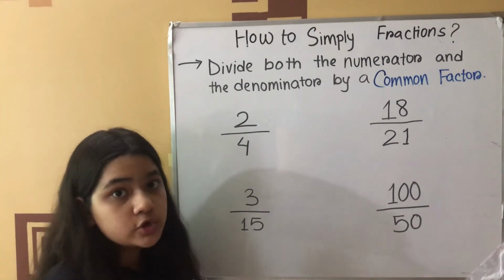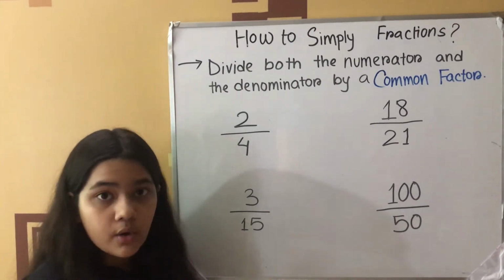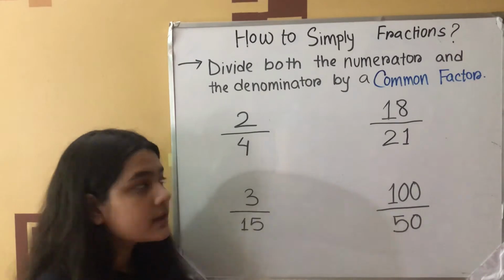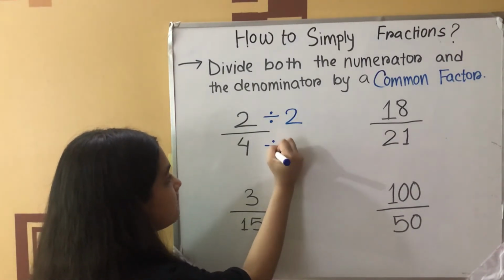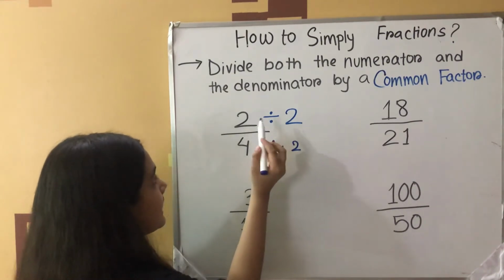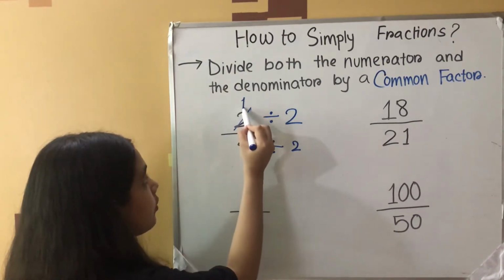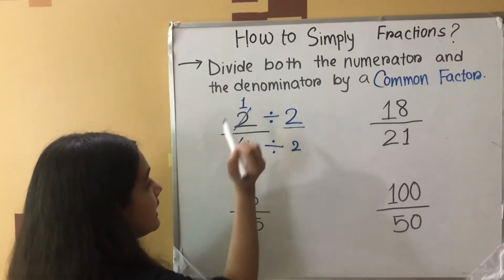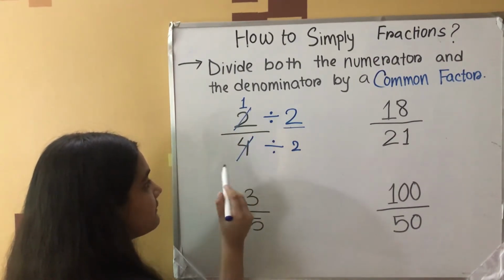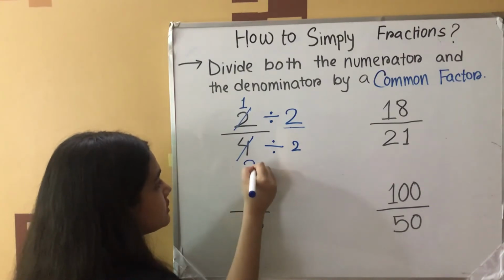We can divide 2 by 2 and we can also divide 4 by 2. 2 divided by 2, we get 1, and 4 divided by 2, we get 2.